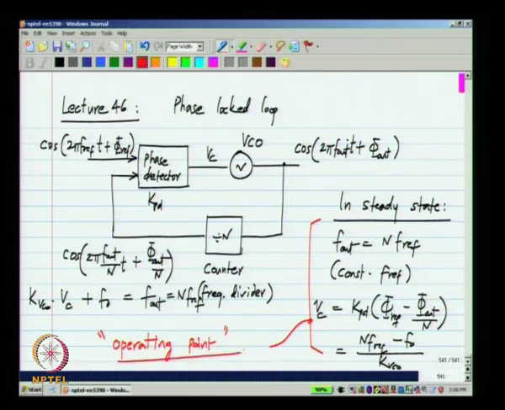So, that will be the operating point. Now, like in any other system, we will be analyzing the phase lock loop when there are disturbances introduced in it, and for that we will do incremental analysis around this operating point.